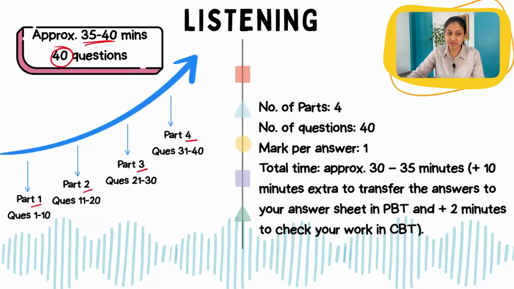That's why total 40 questions, right? Each question will carry 1 mark, and in case of PBT, you will get 10 minutes of extra time to transfer the answers to the answer sheet. However, in case of CBT, you get only 2 minutes of time to check your work.